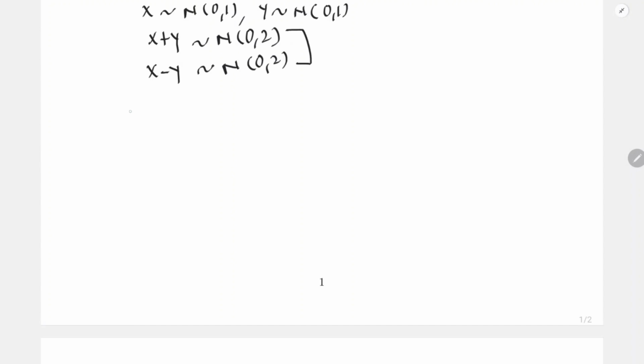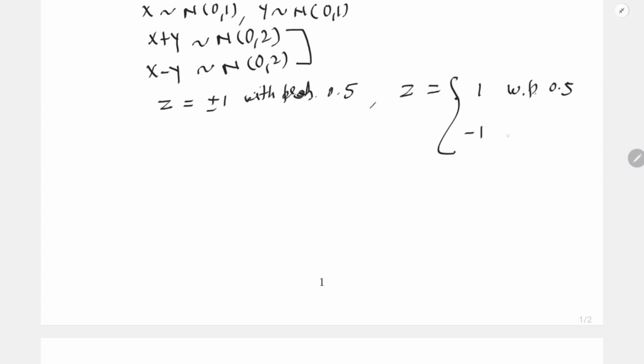Now suppose we have another variable, Z. Z is taking the value plus or minus 1 with probability 0.5. It means Z equals positive 1 with probability 0.5 and negative 1 with probability 0.5. Now suppose a random variable W equals X plus ZY.